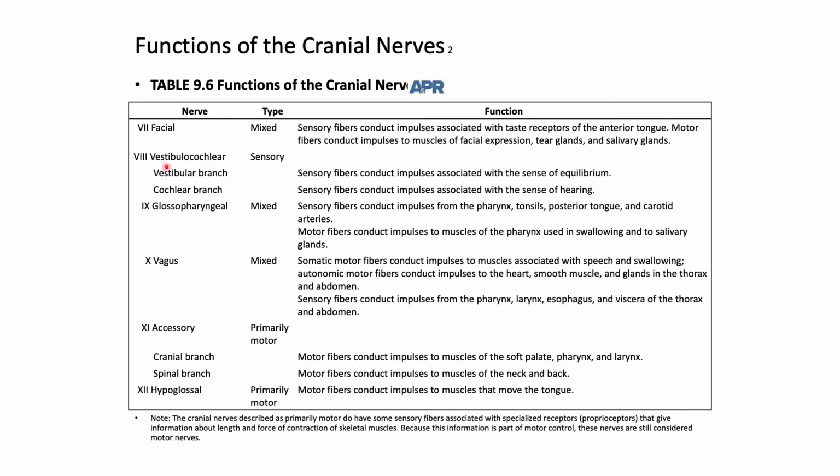As the name says, it is made of two parts, the vestibular branch and the cochlear branch. The vestibular branch is associated with the sense of equilibrium in the inner ear, and the cochlear branch is associated with the sense of hearing. Cranial nerve number 9 is called the glossopharyngeal nerve.